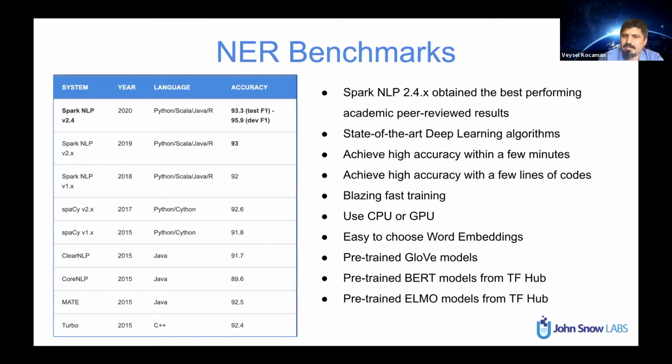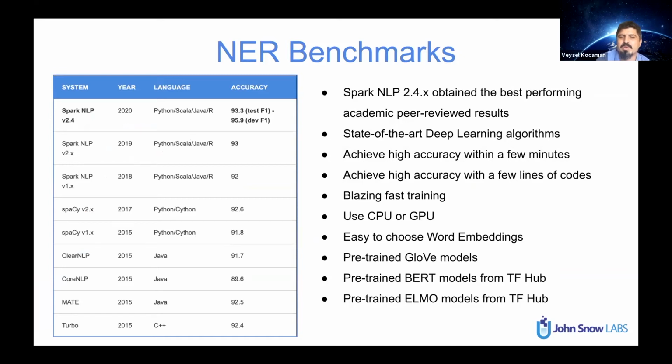Since I've been talking about trying to beat the benchmarks, we try to implement the state-of-the-art NER algorithm, which I'm going to cover in a few minutes, and then implement it inside Spark NLP so that you can scale the prediction inference step on multiple clusters. We have our own embeddings.